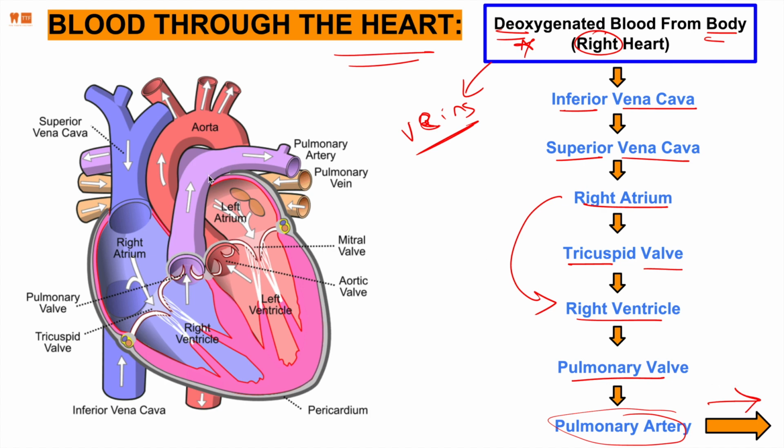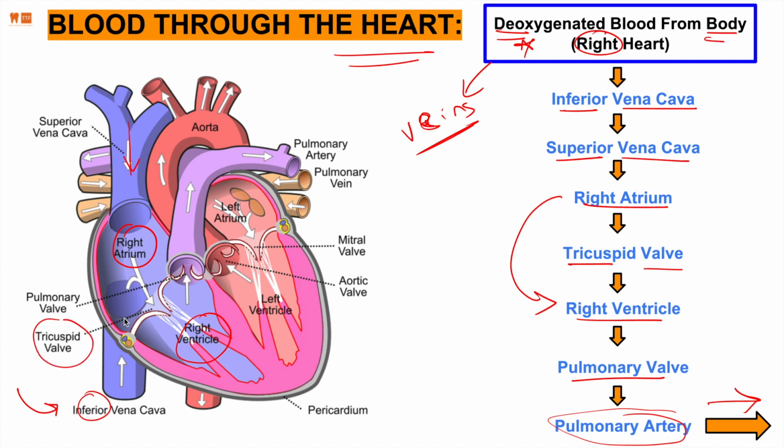Okay. So basically what happens is our body sends the deoxygenated blood to inferior vena cava, which travels behind the heart to superior vena cava, and of course it also has its own blood coming in down into the right atrium. Right atrium then has to transport that blood to right ventricle. How does it do that?